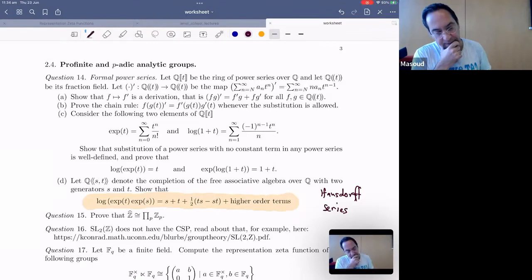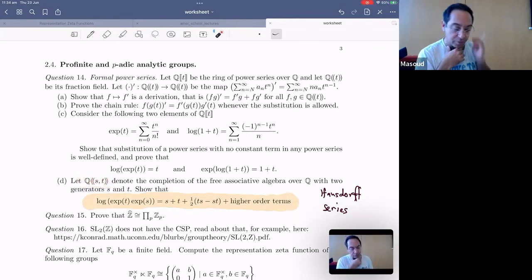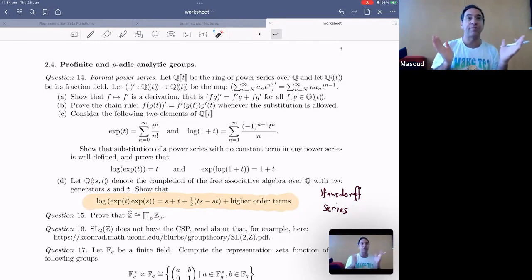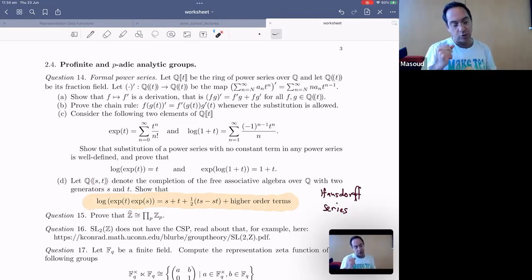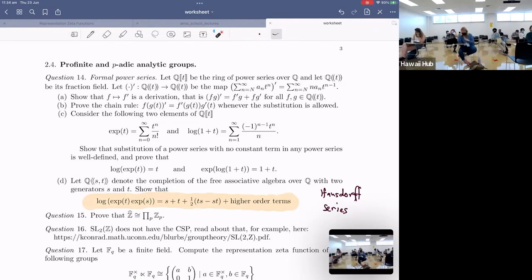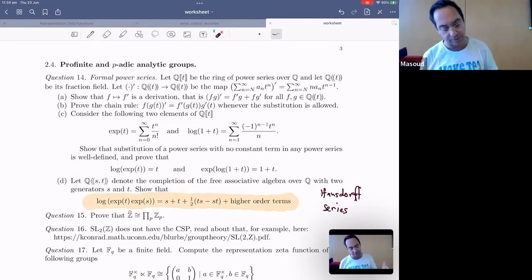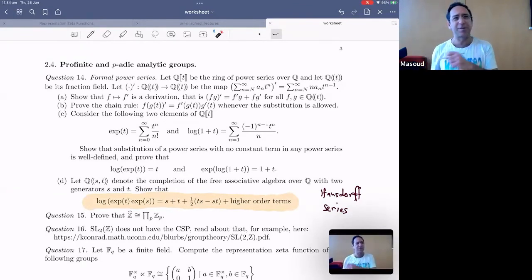And the miracle is that if you take the associative algebra generated by 2 non-commuting elements, the free associative algebra on 2 generators, you complete it in the same way that we completed the rationals to get the p-adics. You look at infinite sequences and you allow infinite series.